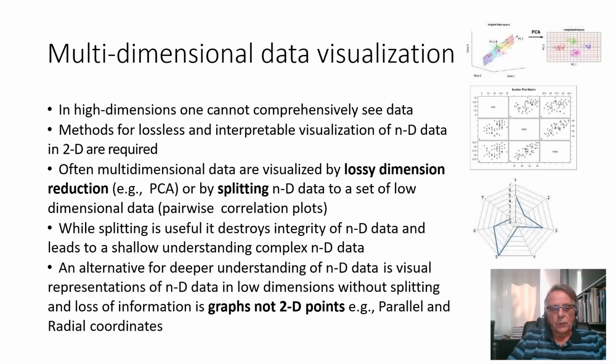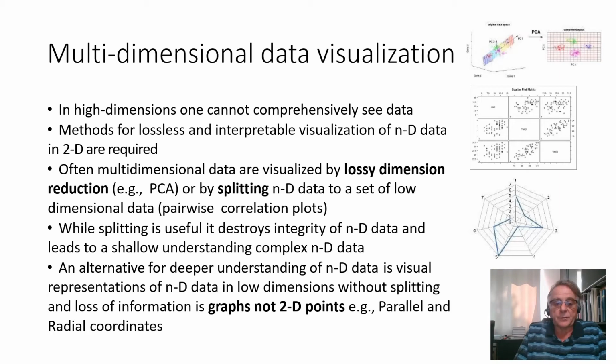Now we're coming to the major point of multidimensional data visualization. We cannot comprehensively see high-dimensional data. Methods for lossless and interpretable visualization of ND data in 2 or 3D are critical to be able to discover multidimensional patterns. Unfortunately, multidimensional data are often visualized by lossy dimension reduction.